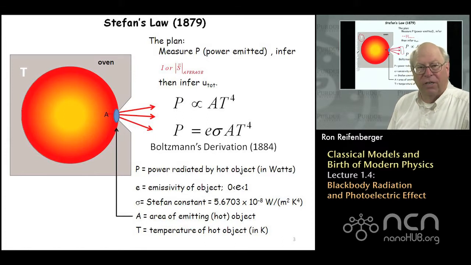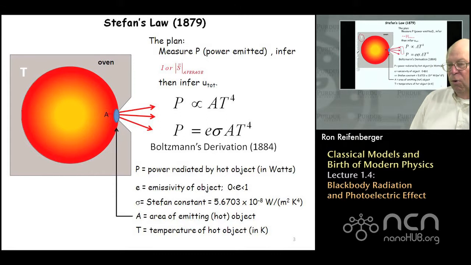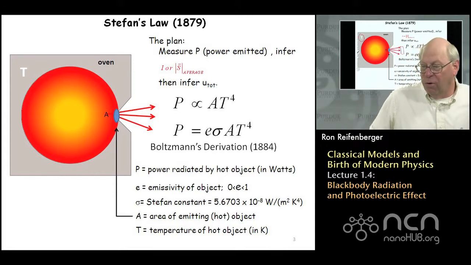Well, Stefan did these measurements, and he found that the power that's emitted is proportional to the area A that's punched in the hole in the side of the oven, and it also is proportional to the 4th power of the temperature T that the oven is held at. So this T to the 4th behavior is very characteristic of blackbody radiation, and it's certainly valid whenever the temperature of the oven is much greater than room temperature. Further refinements turn this proportionality between power and the 4th power of the temperature into an equation.